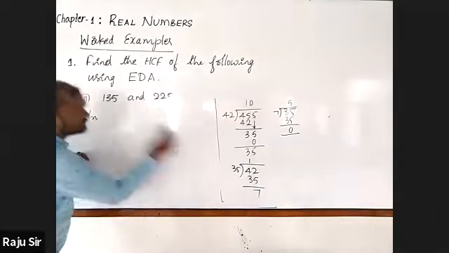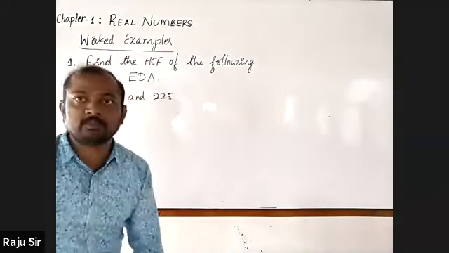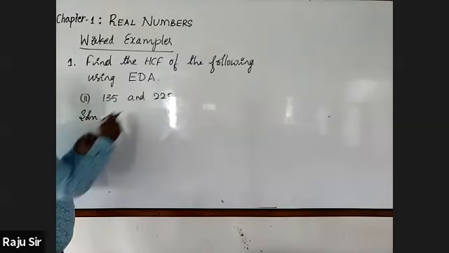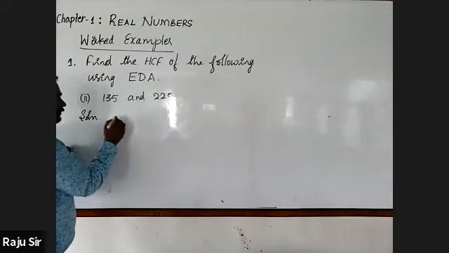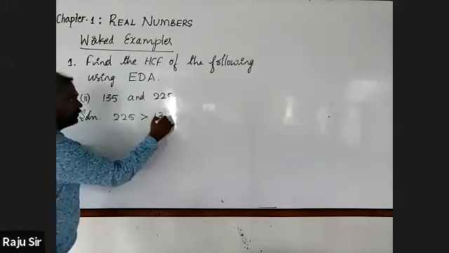This time, please go on writing with me. Start writing with me. You know that here the greater one is 225. First write that one: 225 is greater than 135.